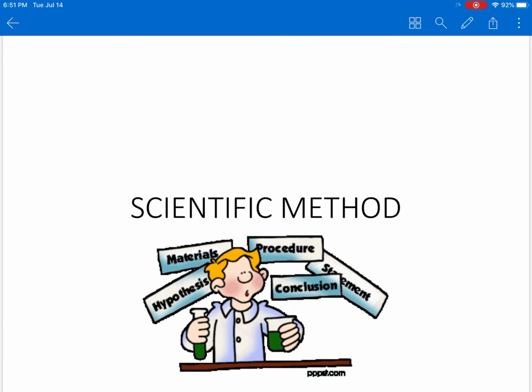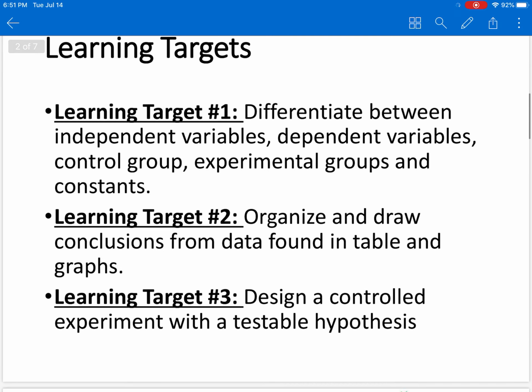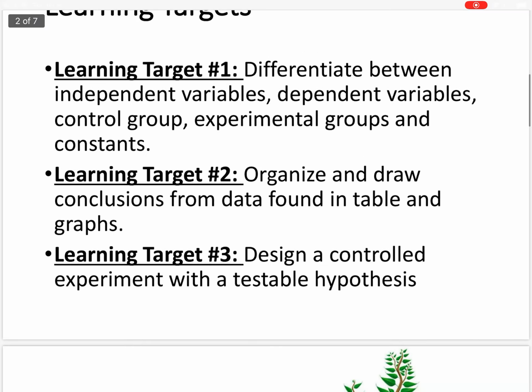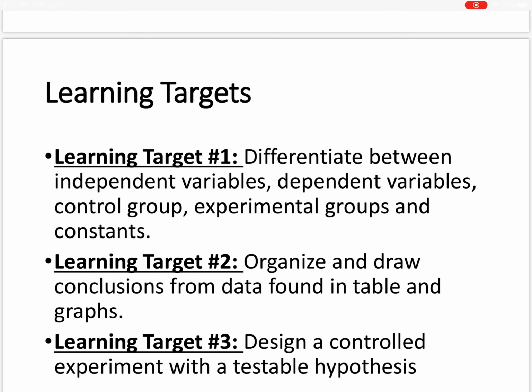All right, we're going to continue on with the scientific method. Remember that our 3 learning targets here, the first one deals with differentiating between independent variables, dependent variables, control group, experimental groups, and constants, or what we call those control factors, controlled variables, I should say.